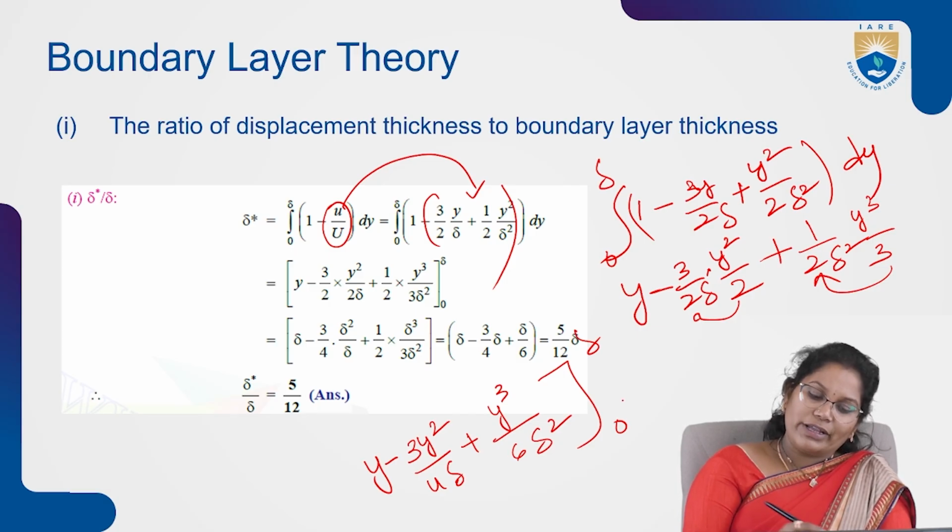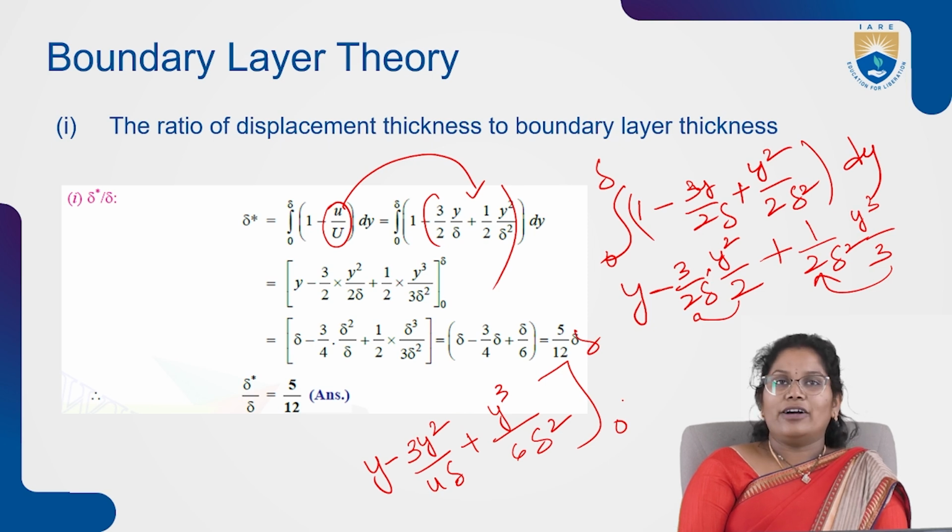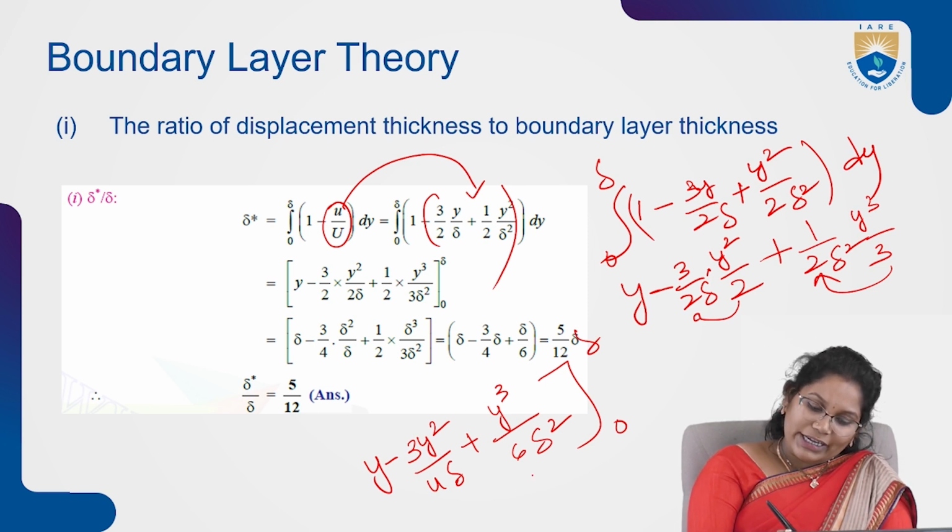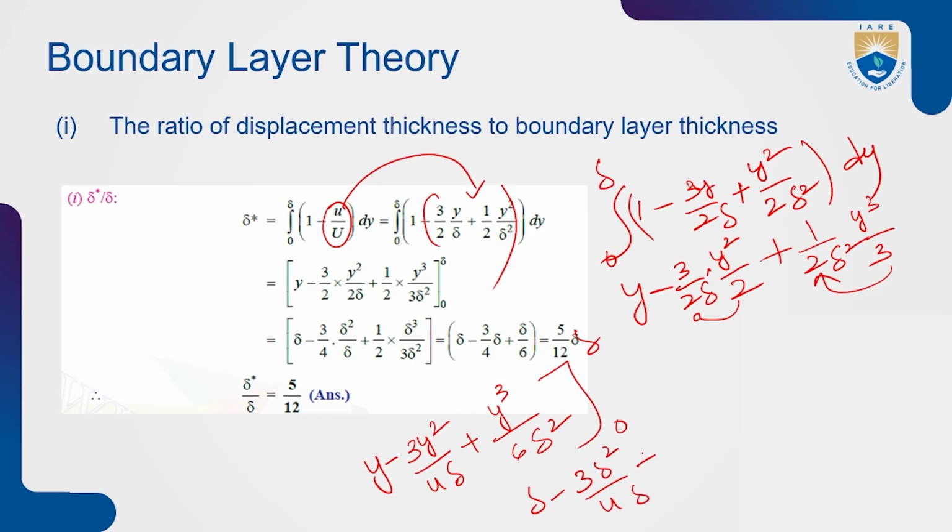When you substitute delta in place of y, you will get delta minus 3 delta square by 4 delta plus delta cube by 6 delta square. This is what you will get. So delta square will cancel, and delta cube will also cancel.